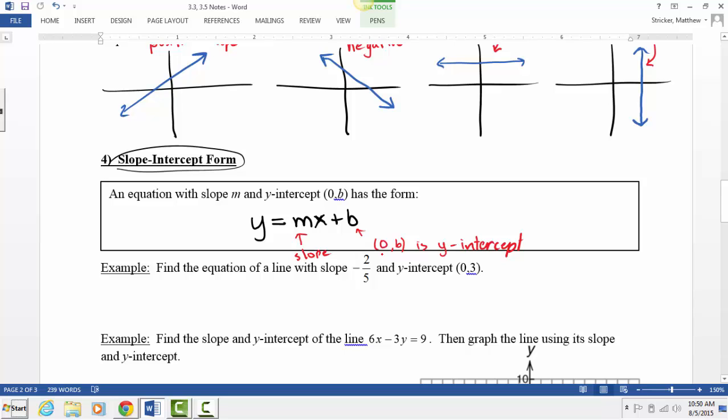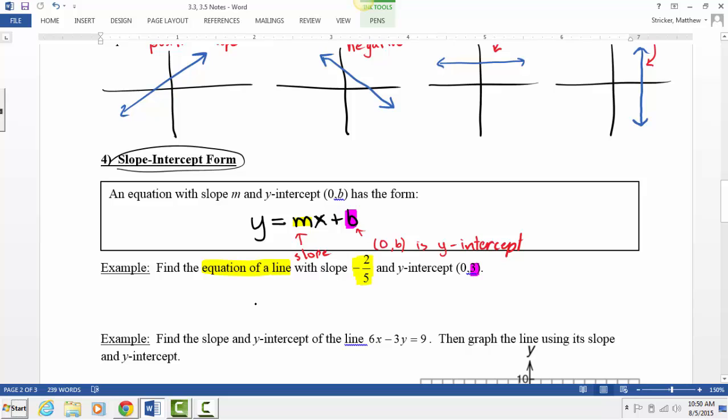So very simply put, in this next example, notice it tells us the slope. That's what in the equation? That's the m. And then it tells us the b. It tells us that b is 3. So if I want to find the equation of a line, I can just use the slope-intercept form.